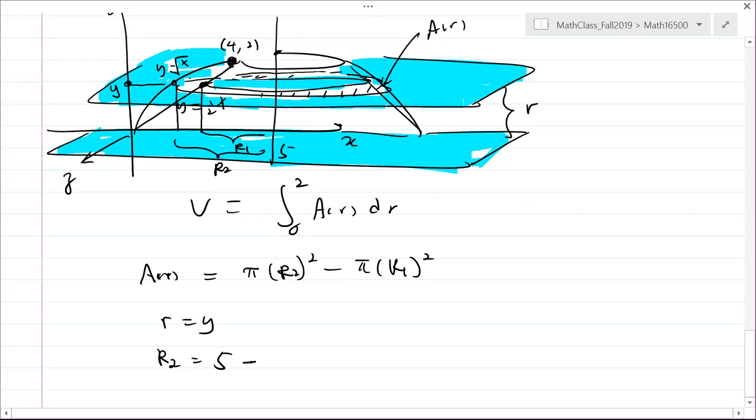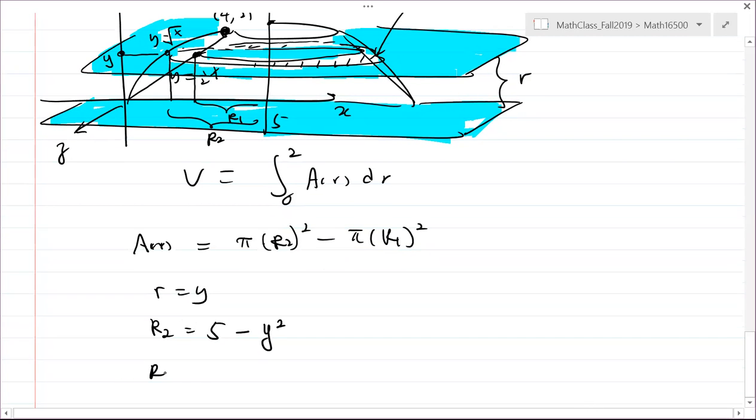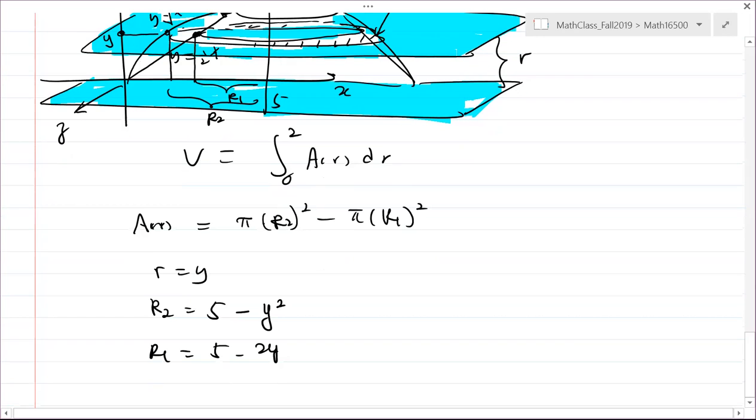So it'll be 5 minus that x coordinate, which is y squared because y equals square root of x. So it's going to be y squared. Okay. Then how about R1? R1 is 5 minus the x coordinate at that point, which is going to be 2y. Okay, for the given y. Okay.